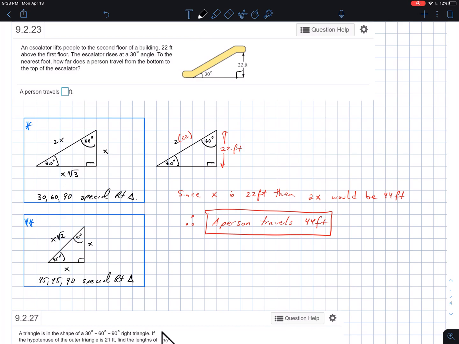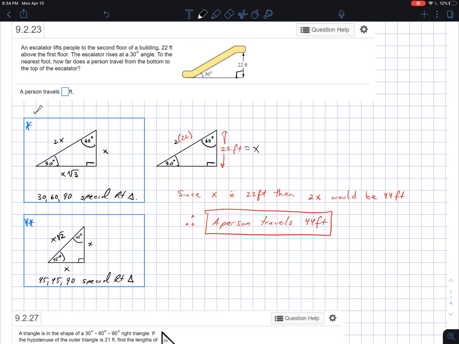So we use the first case here with the little asterisks, the 30-60-90. And you'll notice that because of the way the patterns are set up, we knew what x was. x was equal to 22 feet. If we follow the pattern in the blue asterisks, it says take 2 times x, and that's the distance for the hypotenuse.